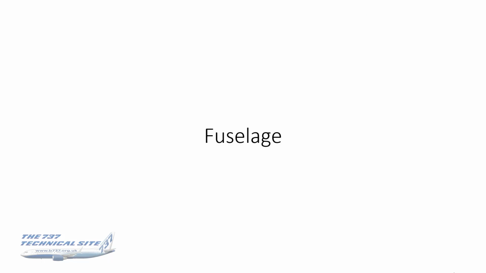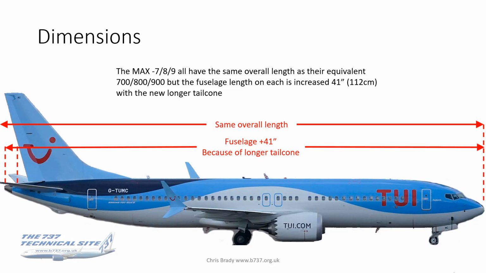All right, fuselage next. Now, one curiosity is the fuselage length has been increased by 41 inches or 112 centimeters, and that is all at the rear. It's all because of a new reshaped tail cone.